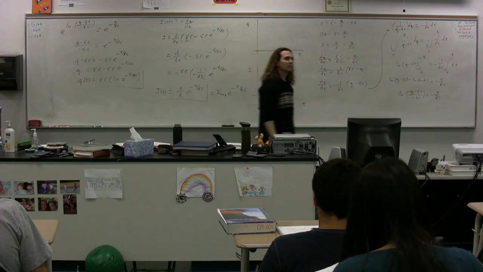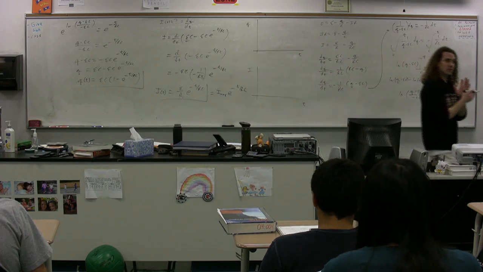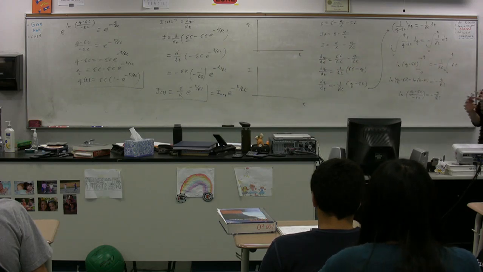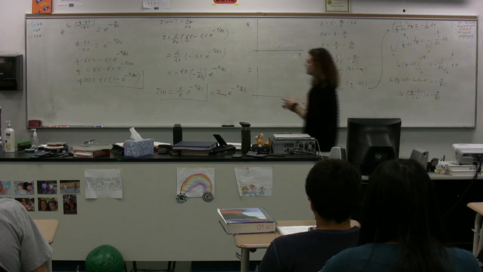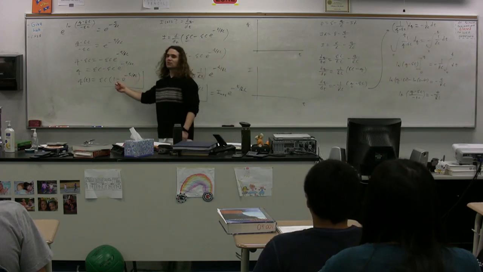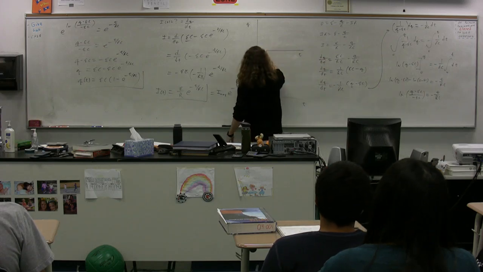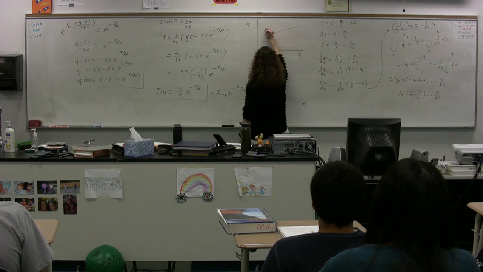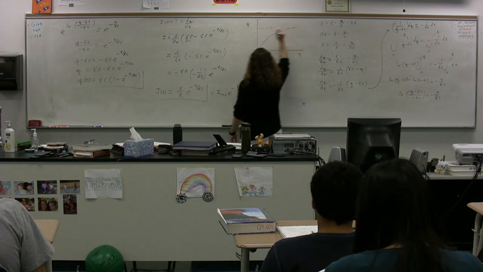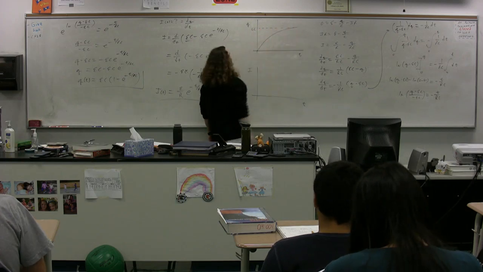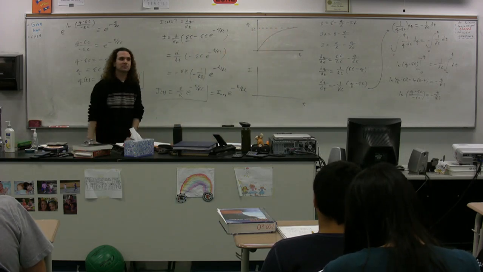At positive Q, which was equal to the capacitance times the EMF. What does the shape between those two look like? It's going to go up like this and asymptote at the EMF times the capacitance.